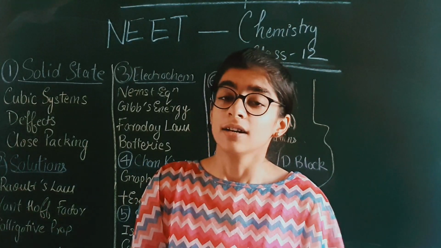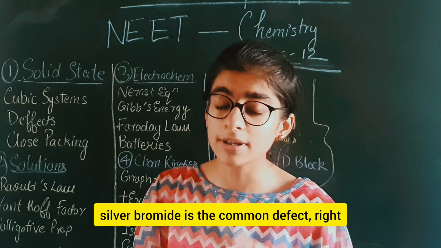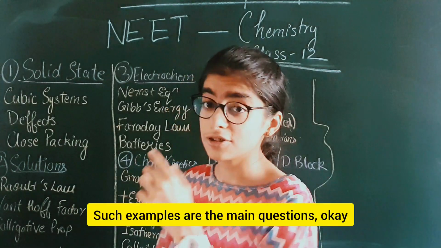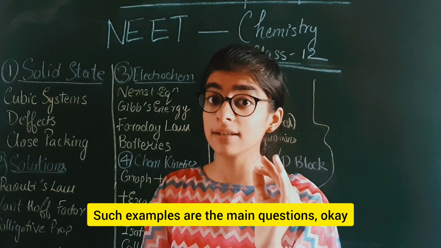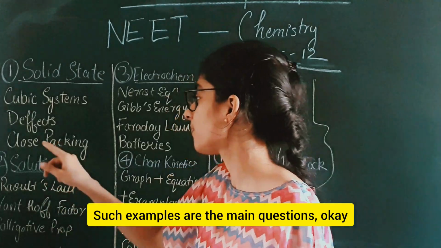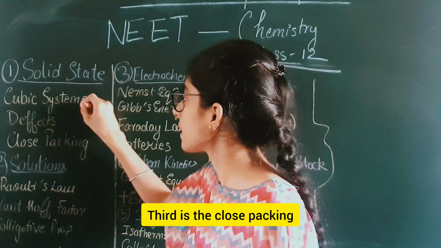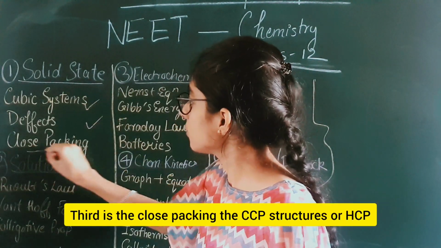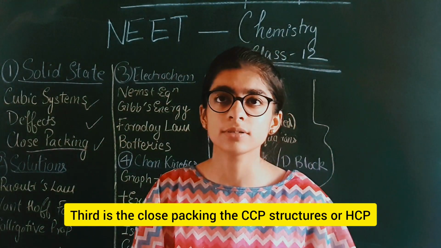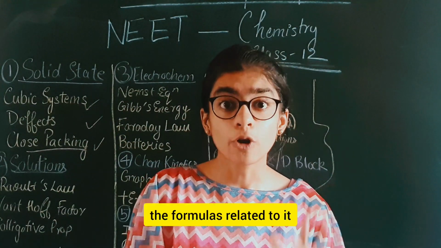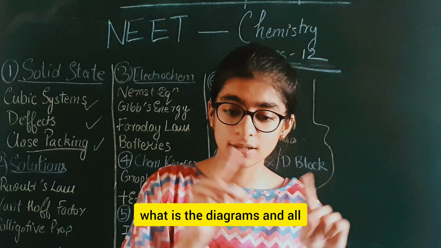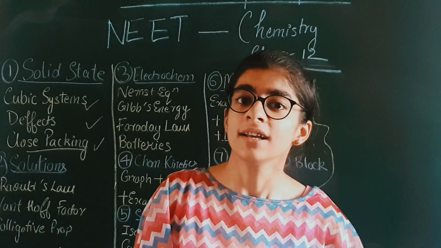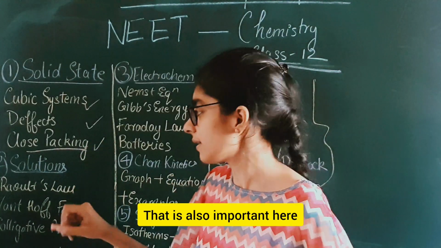For example, silver bromide is the common defect, right? Such examples are the main questions. Third is close packing: the CCP or HCP structures, the formulas related to it, the diagrams and all. That is also important here.